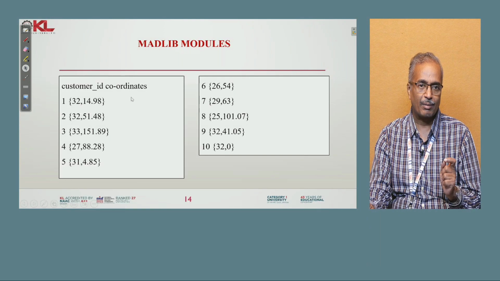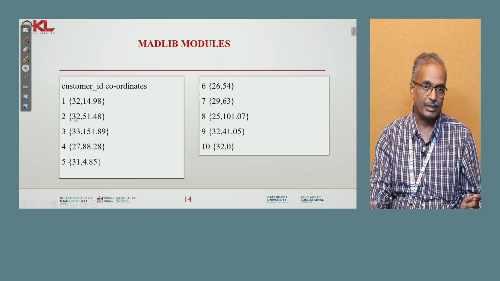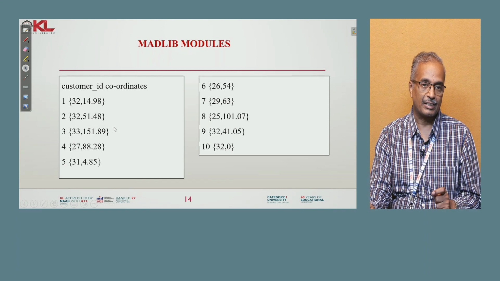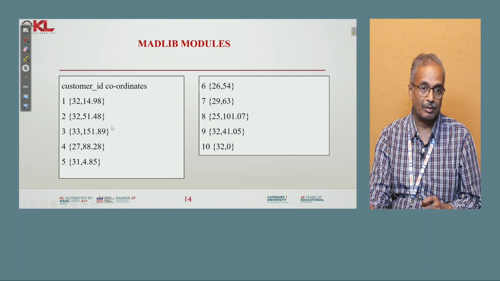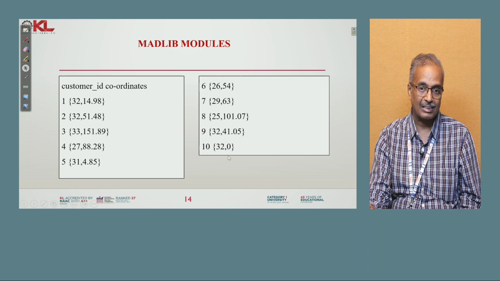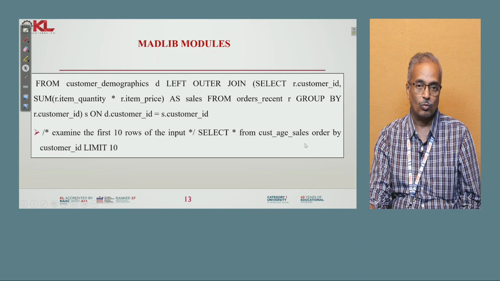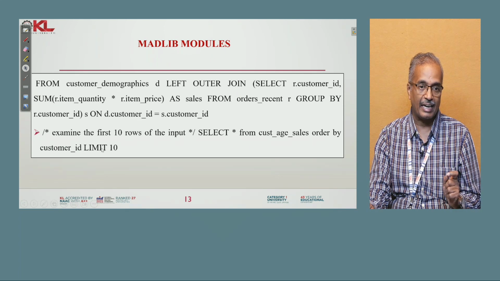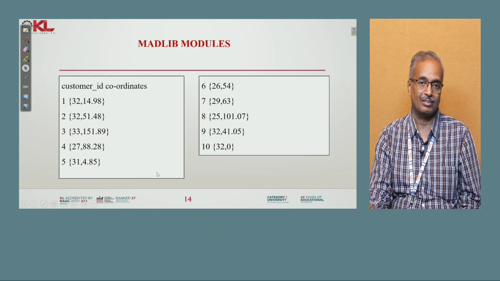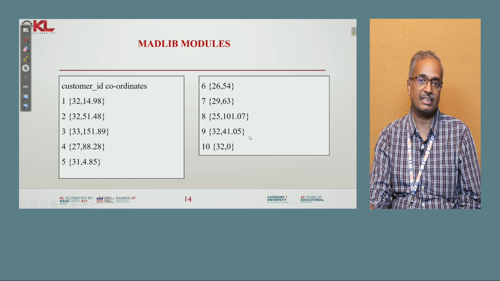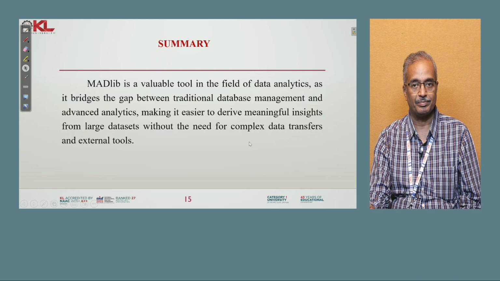Then customer ID and coordinates. One is 32, 14.98, 2 is 32, 51.948. Like this you are getting results from 1 to 10, because we have defined the limit. That is why we got this result.